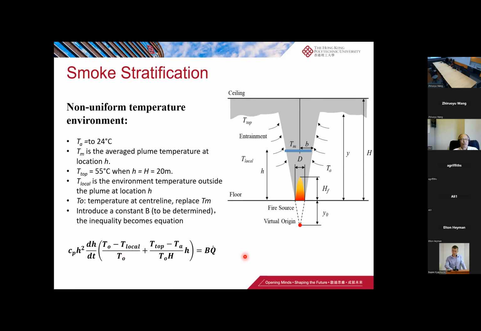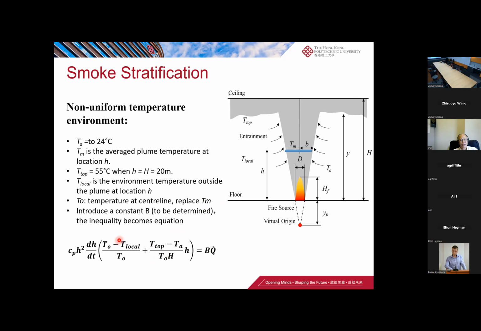So here we replace Tm, the average temperature, with the centerline temperature T0, and we also introduce a constant B into the inequality, and the inequality becomes an equation.